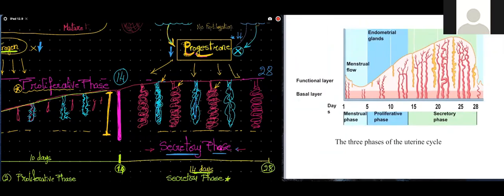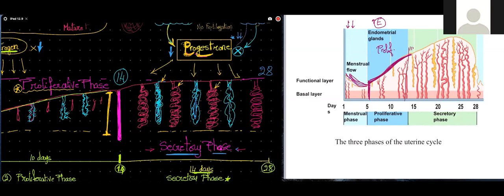So you see on here, from day 1 to day 4 to 5, this is going to be the menstrual phase, in which I have a decline in all ovarian hormones. Proliferation of the new follicles is going to be increasing the levels of the estrogen. As you increase the estrogen levels, this will be increasing the thickness of the endometrial lining, because this is the proliferative phase.